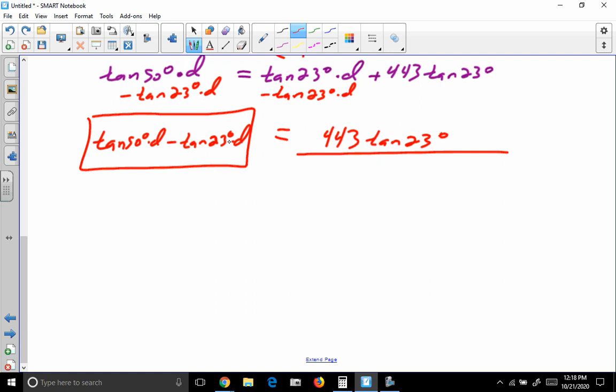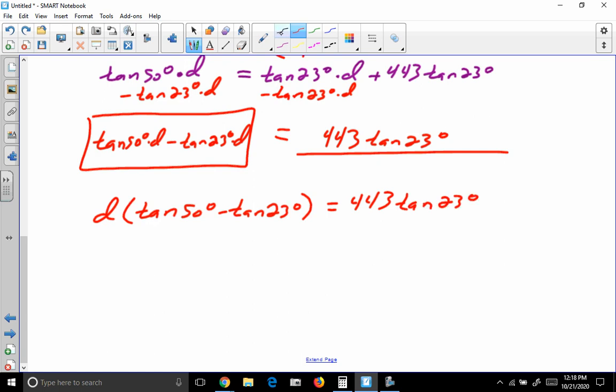What we can do on the left side is recognize that both terms have a d in them. That's a common factor. So if we factor out a d, we have tangent 50 degrees minus tangent 23 degrees. To get d by itself, we divide both sides by the parentheses.